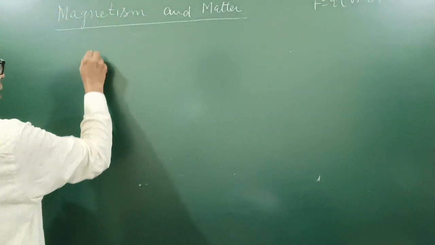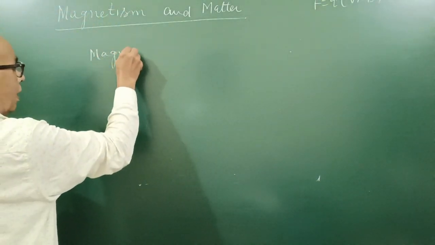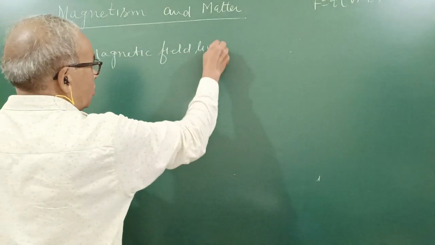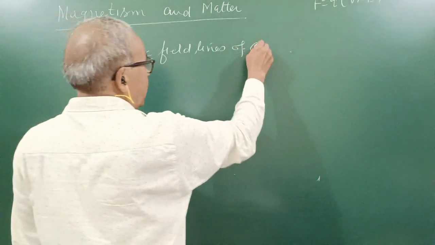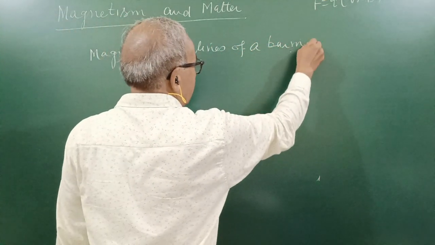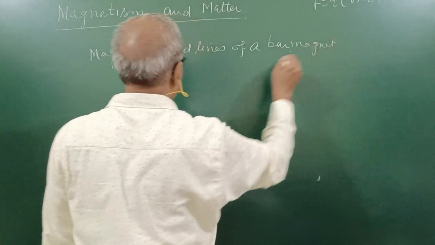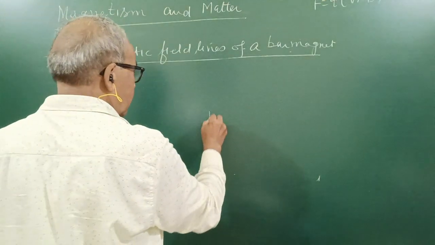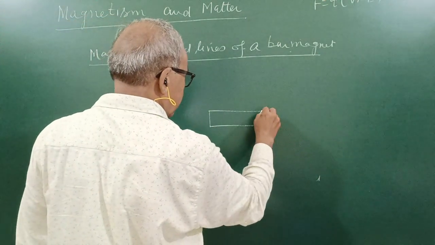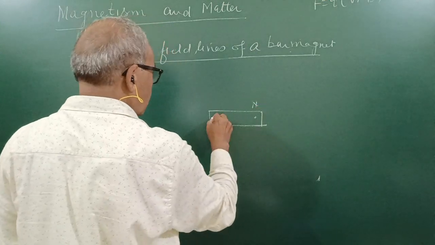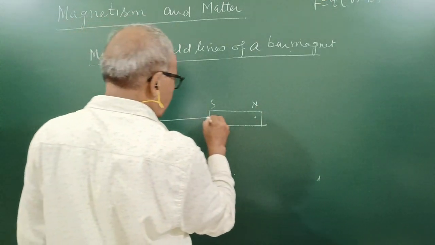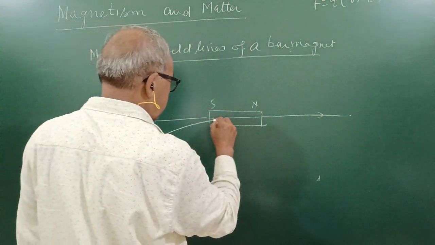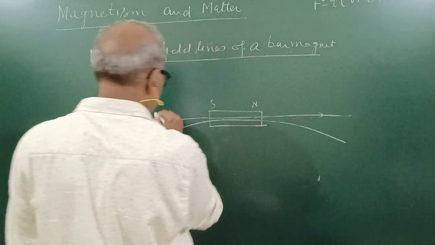So magnetic field lines of a bar magnet. If you say here a bar magnet like North Pole, South Pole is there, so field lines of a bar magnet are like this.